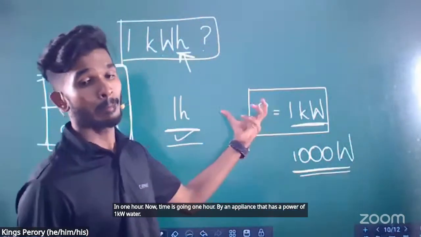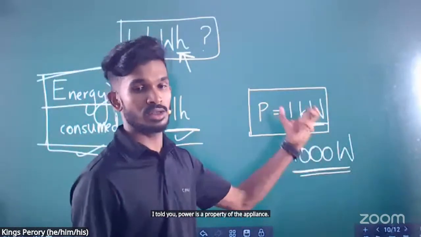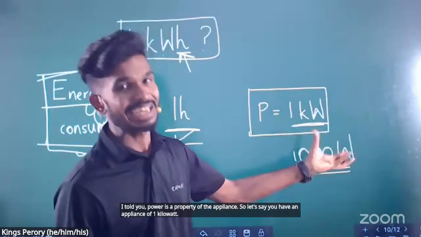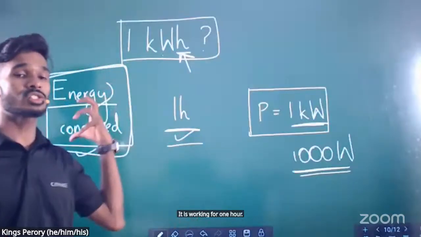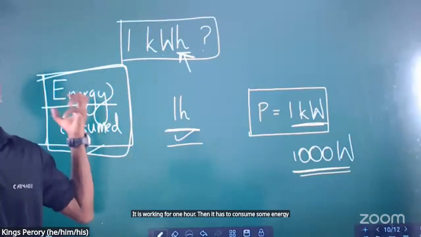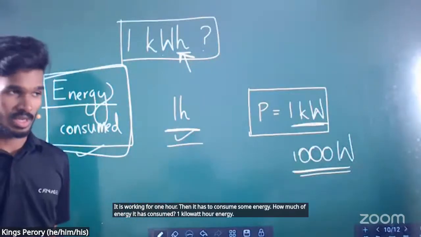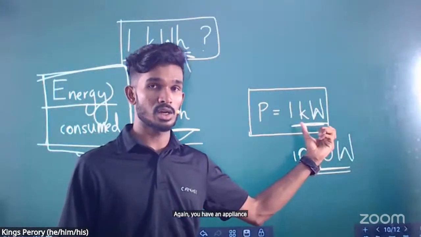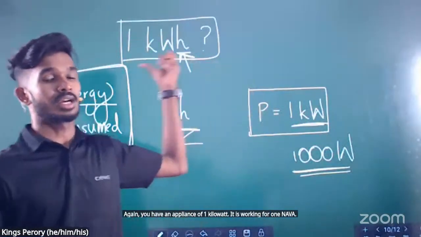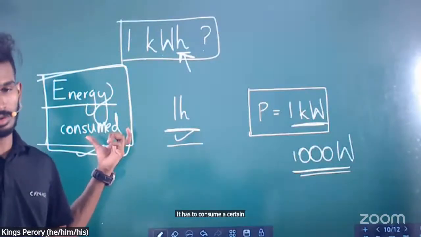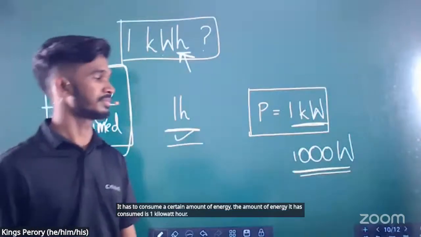I told you power is a property of the appliance. So let's say you have an appliance of 1 kilowatt. It is working for 1 hour. Then it has to consume some energy. The amount of energy it has consumed is 1 kilowatt hour.